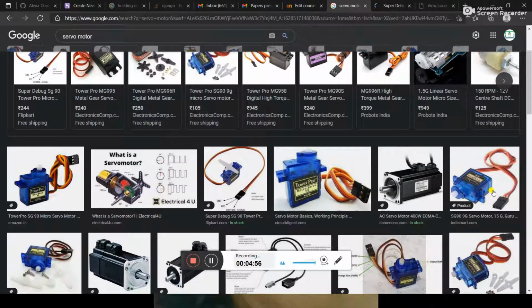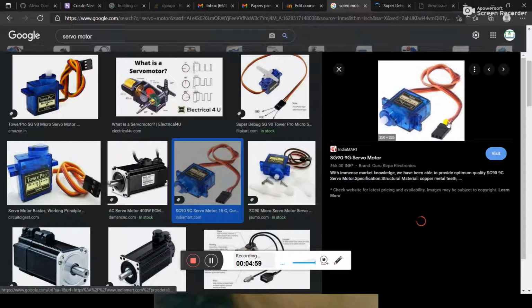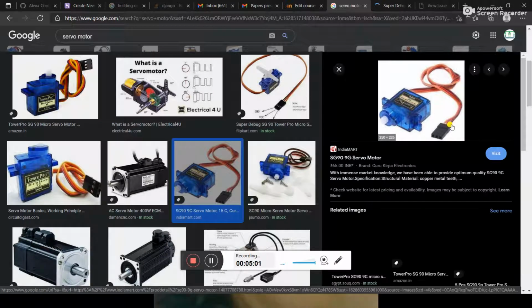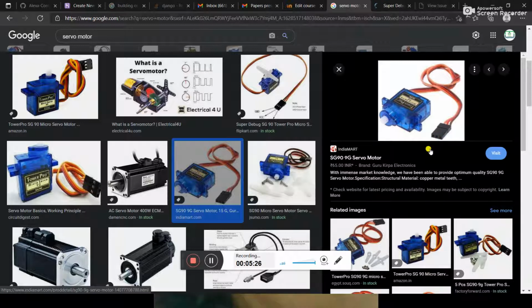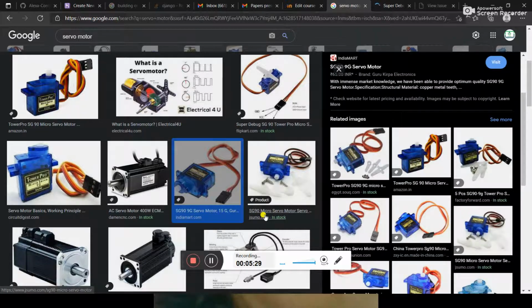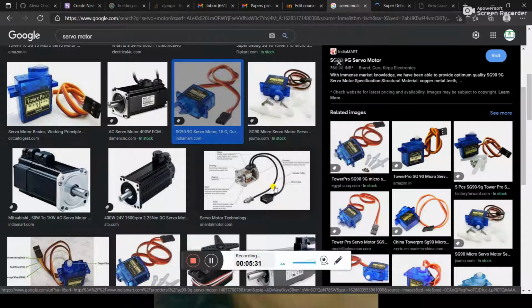This color coding is a standard for the servo motor. In a low range servo motor, this color rating is fixed. You will always find red for the positive supply, brown or dark brown for ground, and yellow for the pulse width modulation signal. You will always find this type of topology for the servo motor.